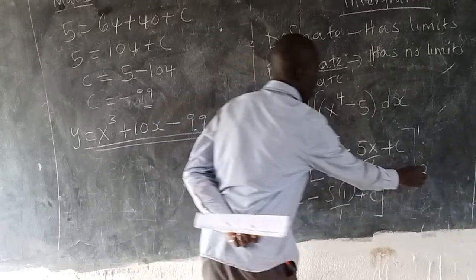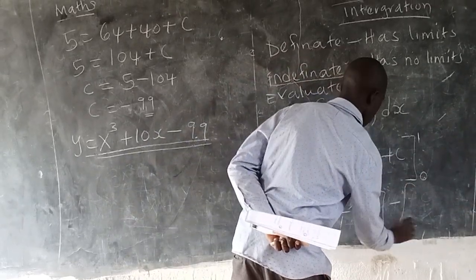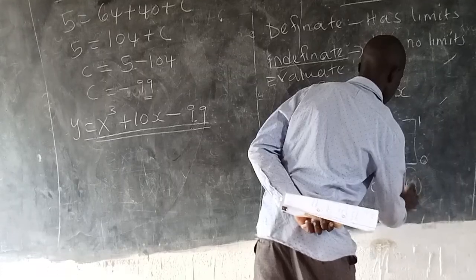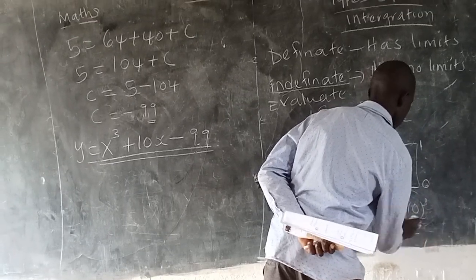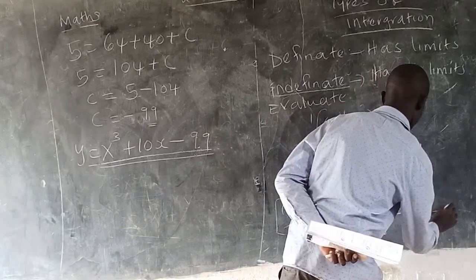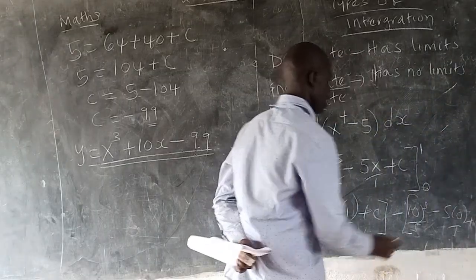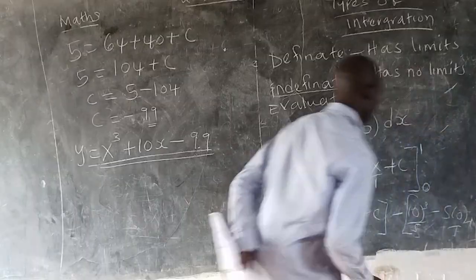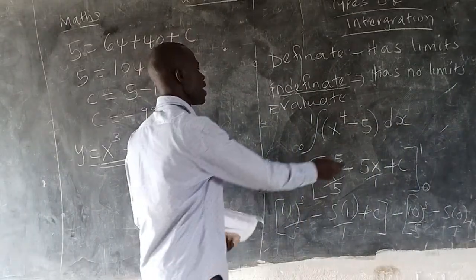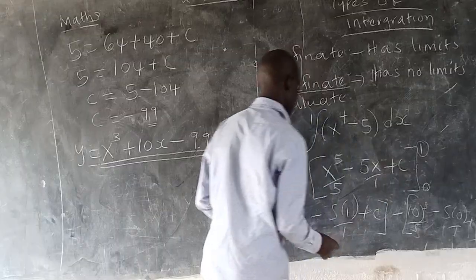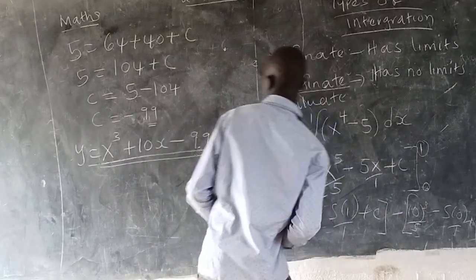Then we subtract the value at 0: 0 raised to 5 over 5 minus 5 into 0 over 1 plus c. Students, that's how we arrange that question. Given the limits, we begin with the largest limit, then we move to the smallest limit.